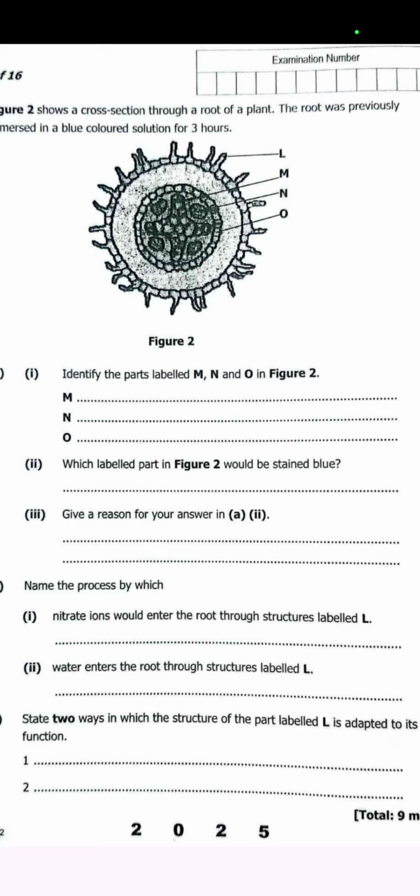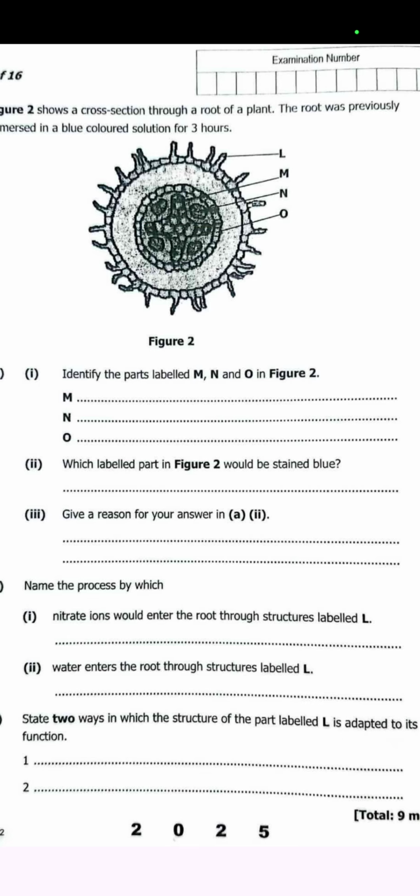And we know that colored solution will be treated as water. It is just water in this case. So now which part is it going to use? So now the part is this one, and we have given it a name already. So the part which will be stained blue is M, which is just xylem. So you write M, then in brackets you put xylem. So that one is the part which will be stained blue.